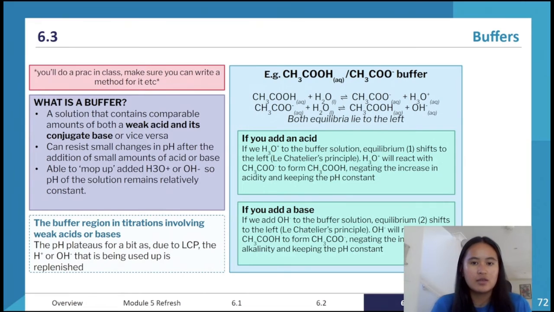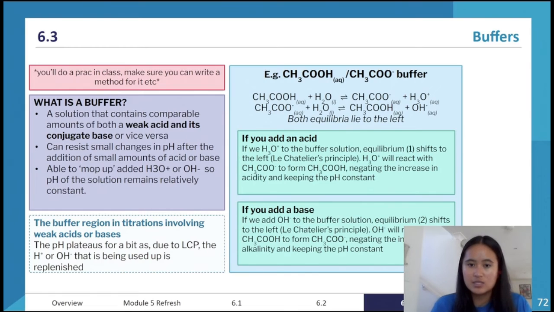If we look at the acetic acid acetate buffer system, which is the one that I did in class, if you add an acid, the hydronium is acting as the acid, right? So it donates that hydrogen to the acetate ion, which is the conjugate base, which means that you don't get much change in the pH.